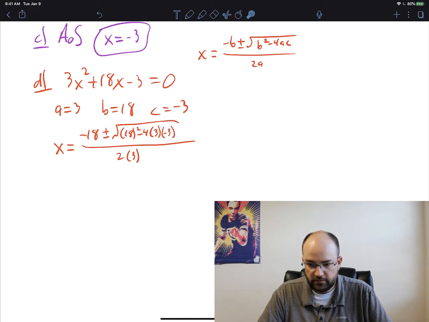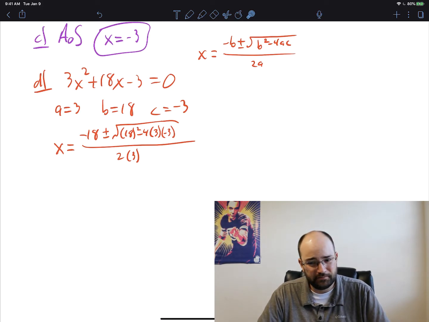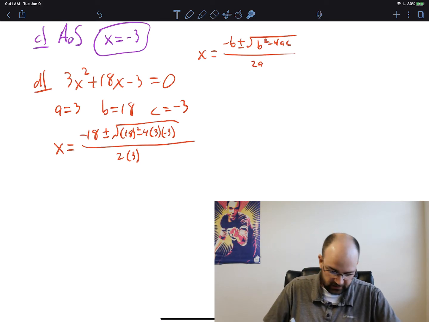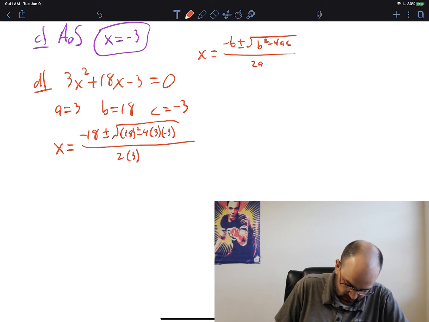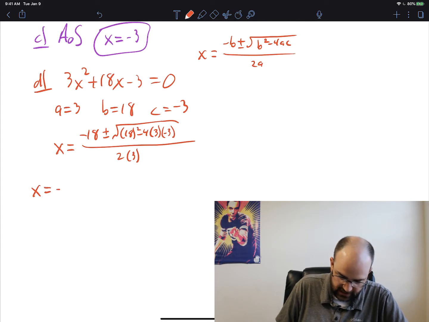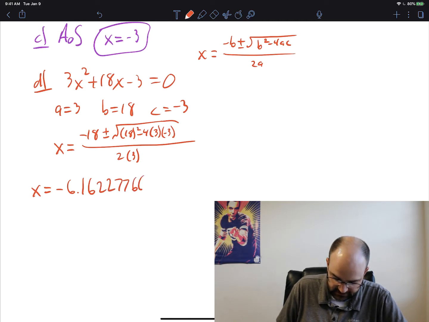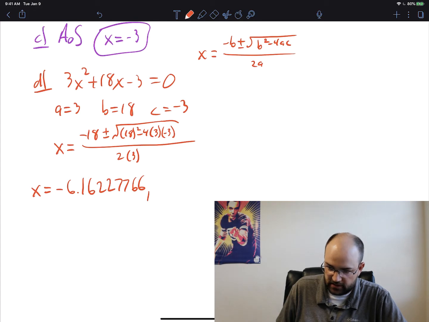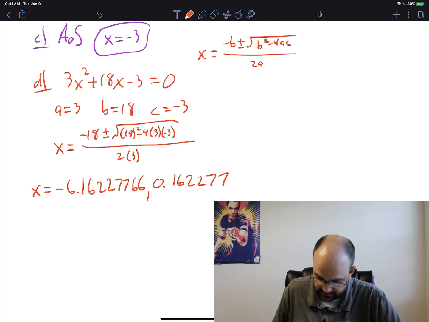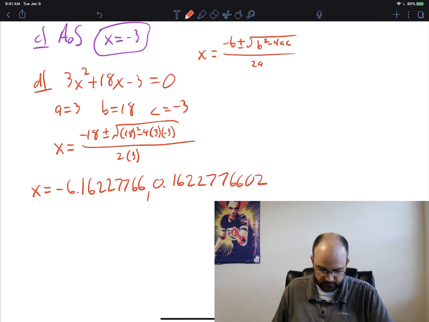A is 3, B is 18, C is negative 3. Make sure it's a negative 3 and not a subtraction 3, please. And here's what it gives me. X equals negative 6.1622, yes, that just said 227766, comma, and then the other one is 0.1622, yes, again, we got lucky for another 22, 776602.